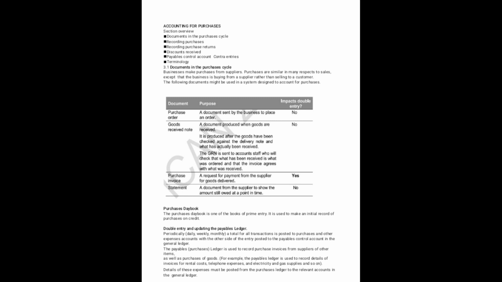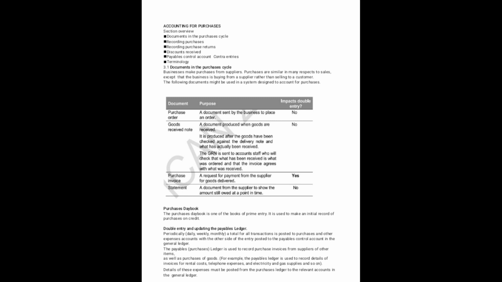The total for all transactions is posted to the purchases and other expense accounts, with the other side of the entry posted to the payables control account in the general ledger. So we have to note this too.